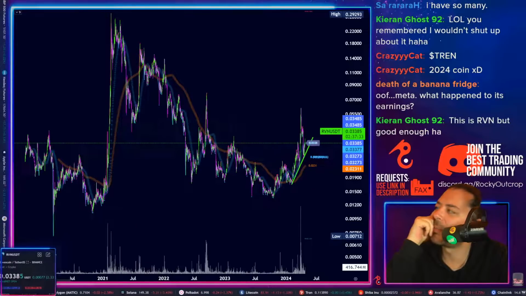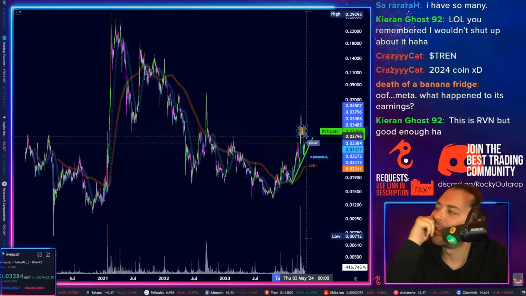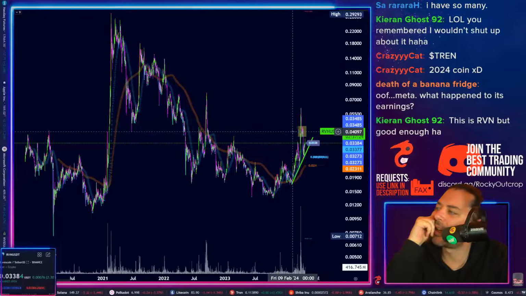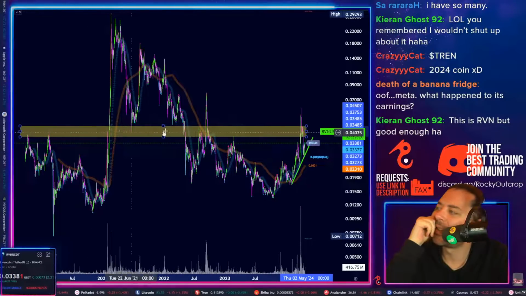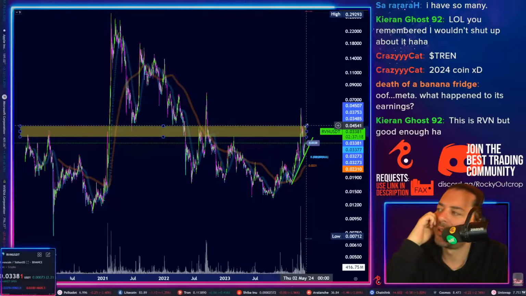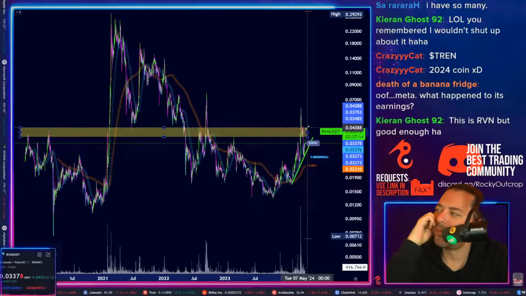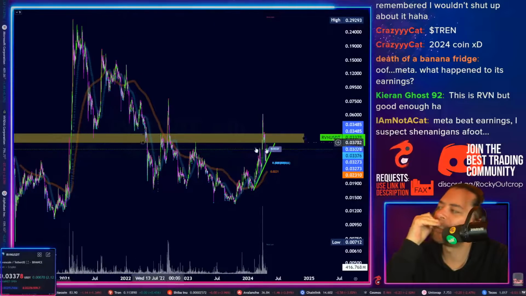That whole zone where the price was bouncing around for a couple of days in here seems to be a whole zone. If I go back, you can see that's actually been the case a number of times in its past. So that's definitely something to be aware of.